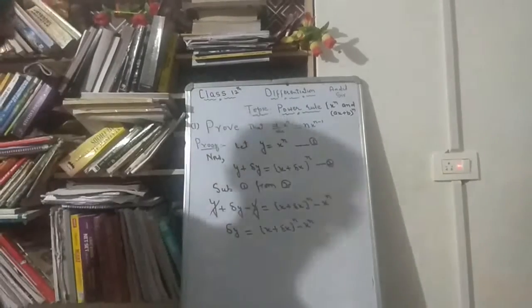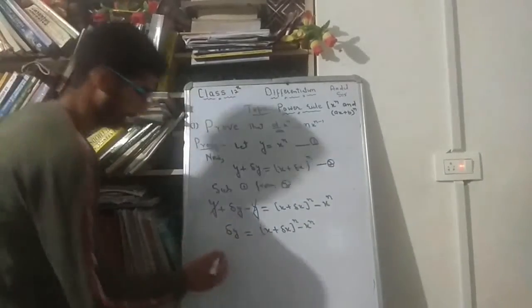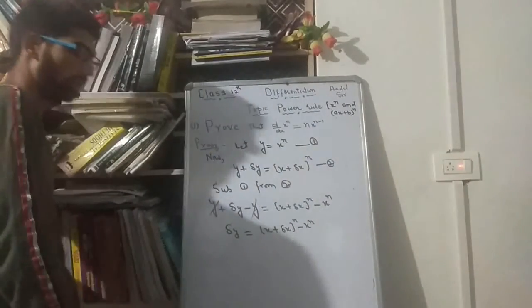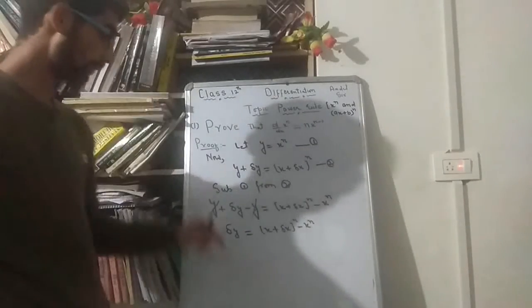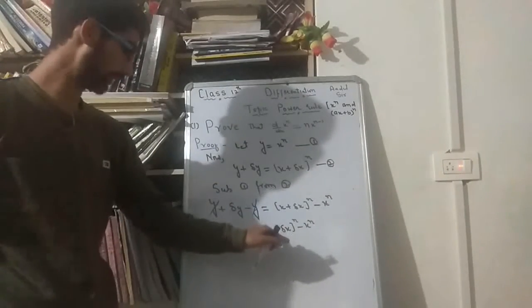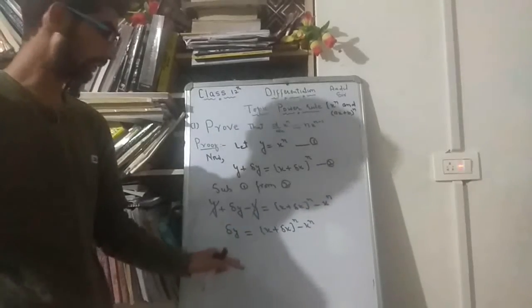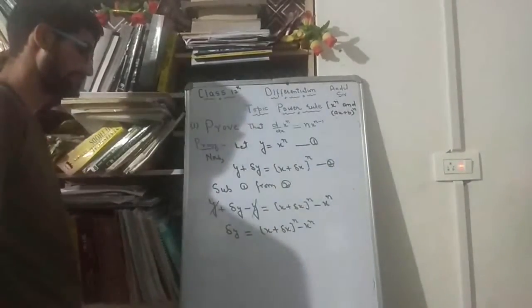Now what is our next step? It is to divide this equation by del x. So we divide by del x.